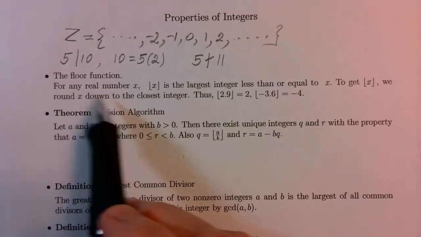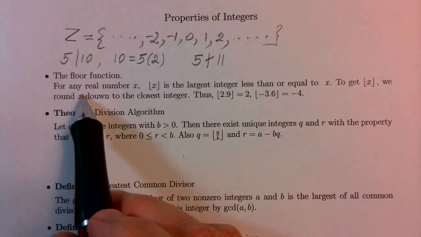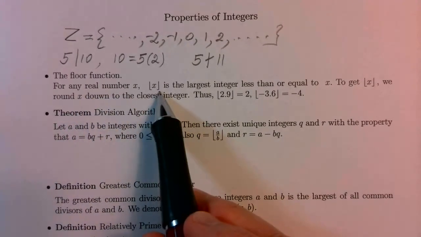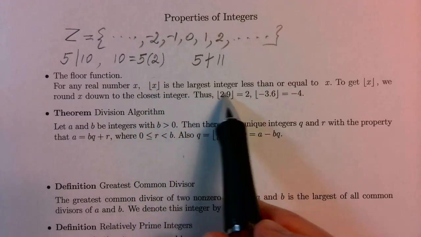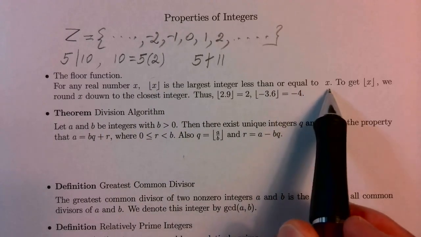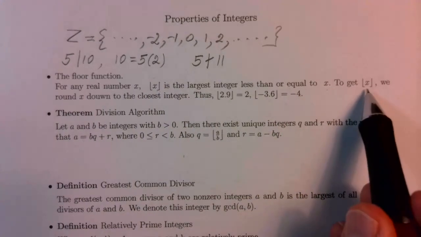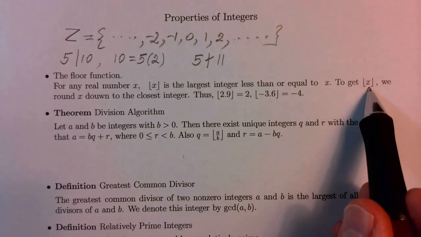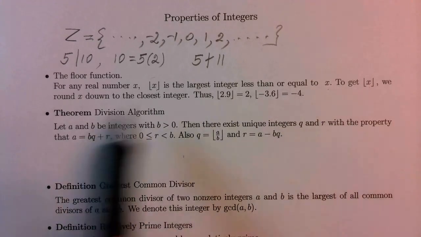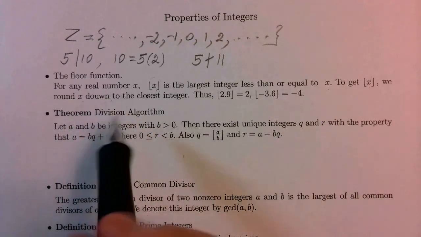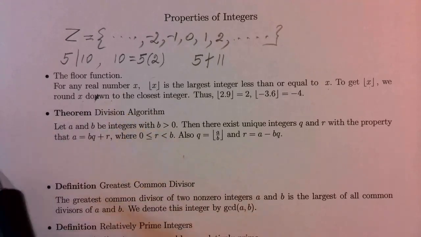We'll use the floor function. For any real number x, the floor of x is denoted this way, and this is just the largest integer less than or equal to x. To get the floor of some real number x, we just round x down to the closest integer.